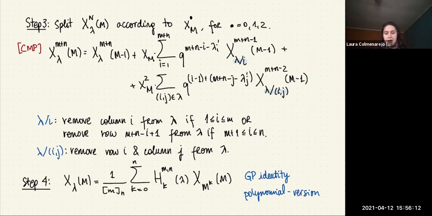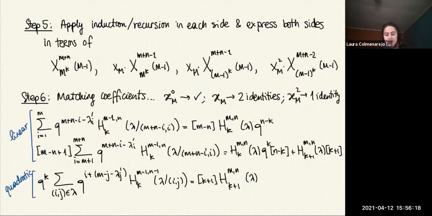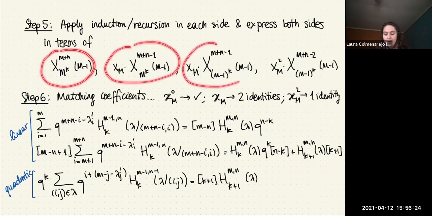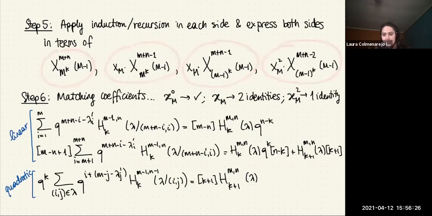So I can actually simplify, like apply the induction and simplify. And the next thing was looking at comparing the coefficients of these four, I'm going to call them monomials. They are not monomials, but I'm taking them as if they were. And then we are matching coefficients.